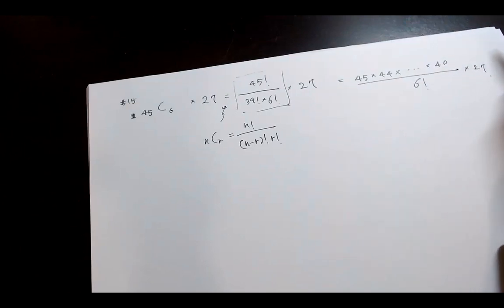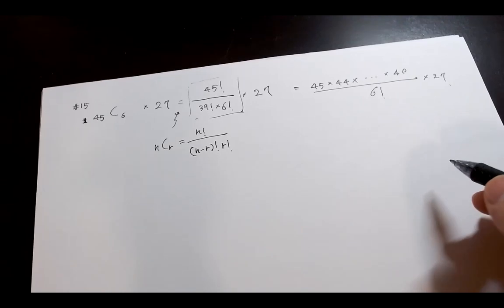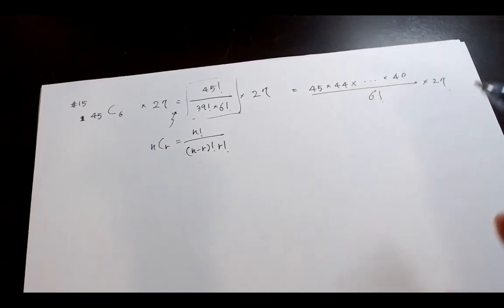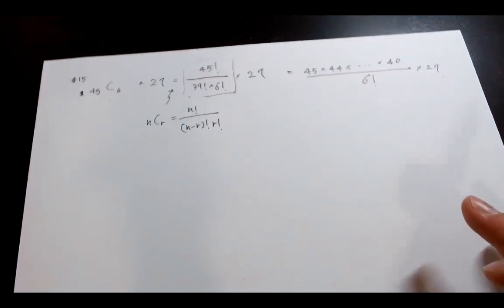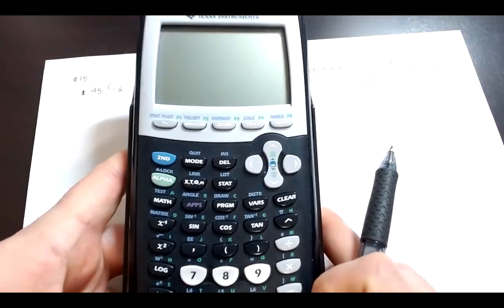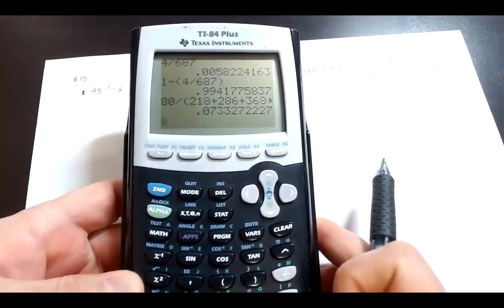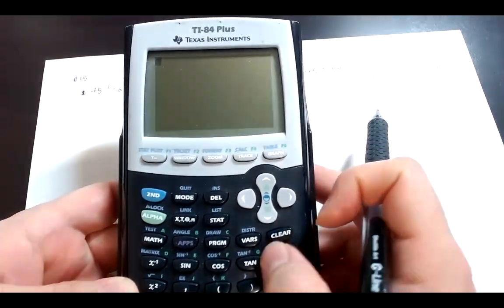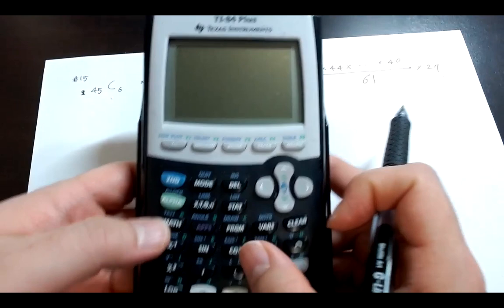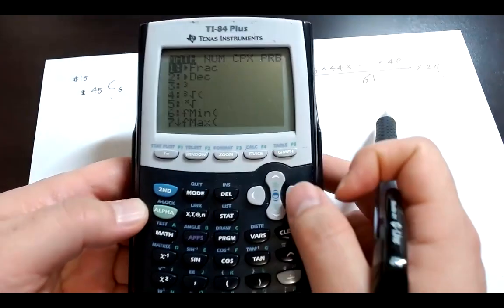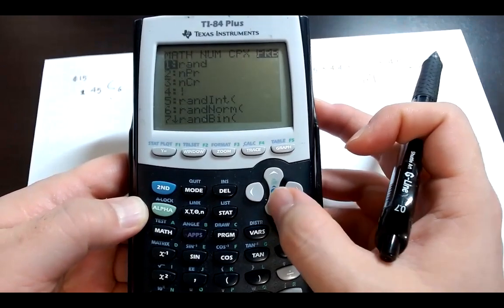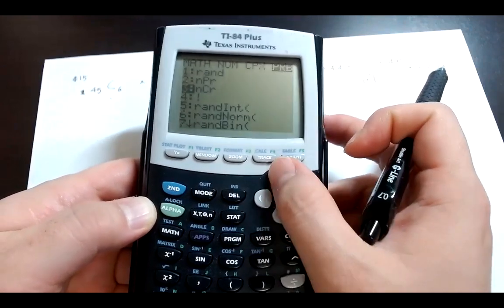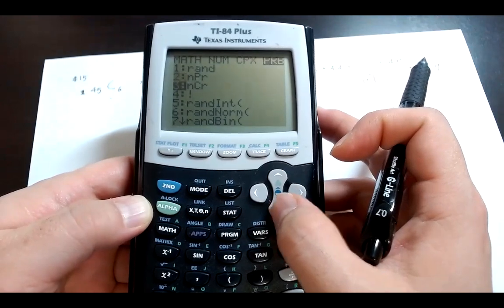If you don't understand that, that's totally fine. You can figure out the combination using a calculator. I'll show you how, using a TI-84. Press math, then go to the probability tab, and there you see nCr and nPr. nPr is permutation, nCr is combination.